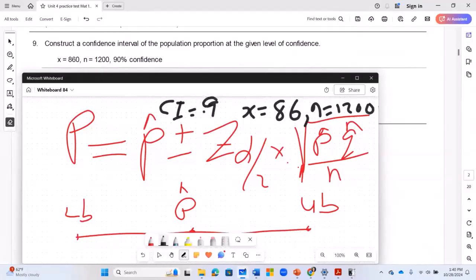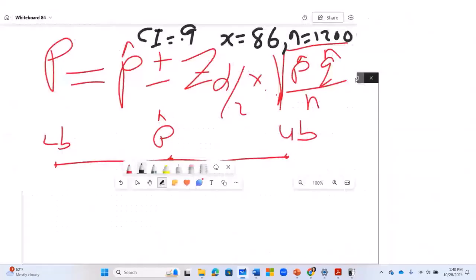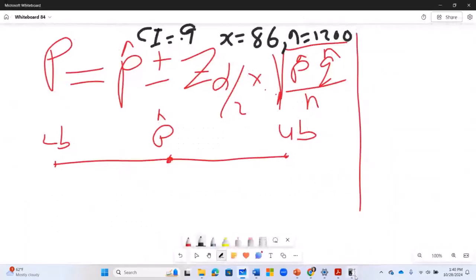Everything is given, so I will quickly use my calculator to find the confidence interval for proportion.